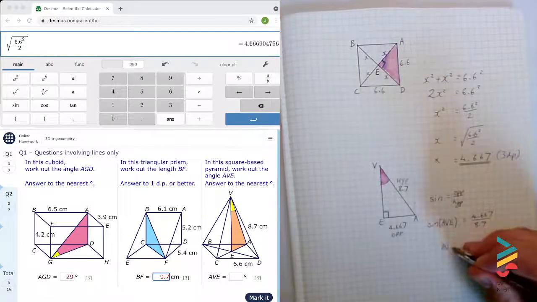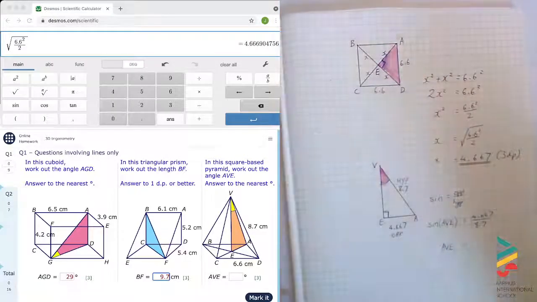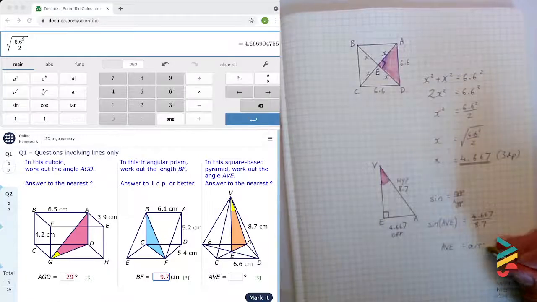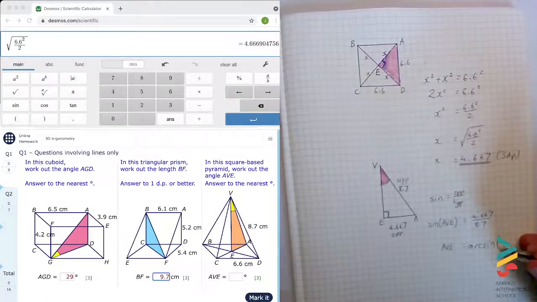So the angle AVE itself is going to be the inverse sine of that, or I like to call it arc sine. Arc sine of 4.667 divided by 8.7.